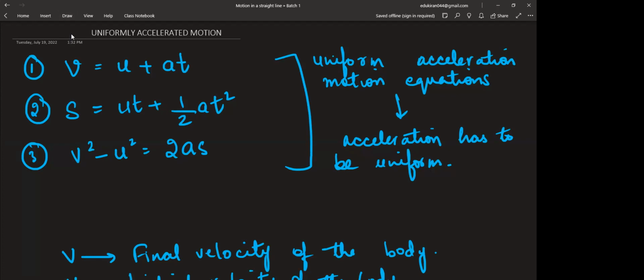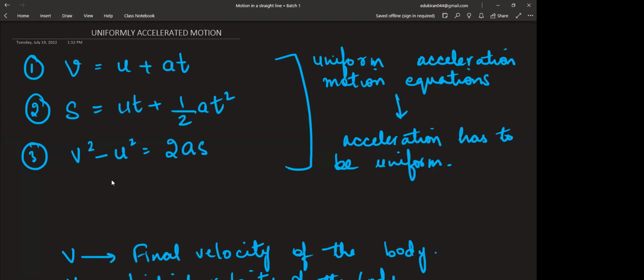There is a certain value of acceleration that will remain fixed, whether it's zero or not, and only then are these equations valid. So uniform acceleration motion equations need acceleration to be uniform.